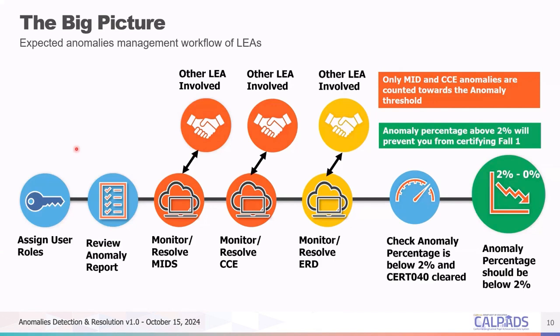And then you review anomaly reports daily or weekly, depending on how involved you are with your CalPADS work. And then you monitor and resolve MIDs, CCEs, and ERDs. And that normally entails you coordinating with other LEAs as well.